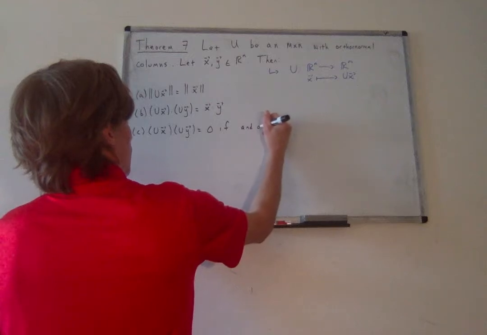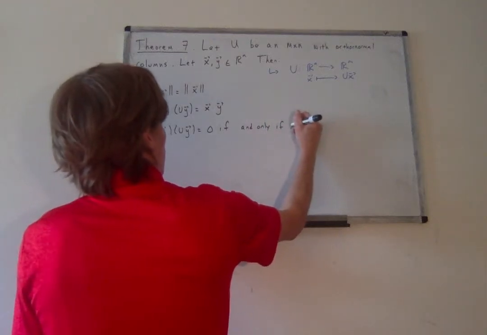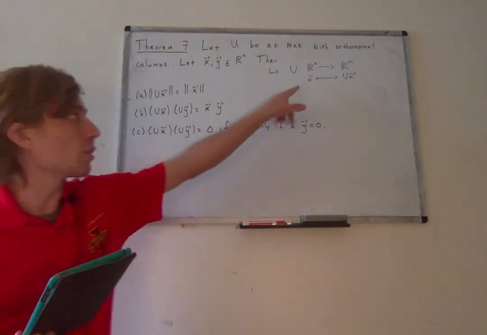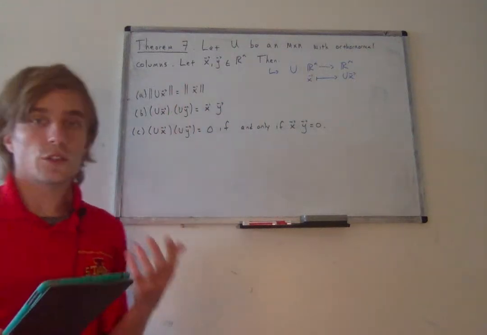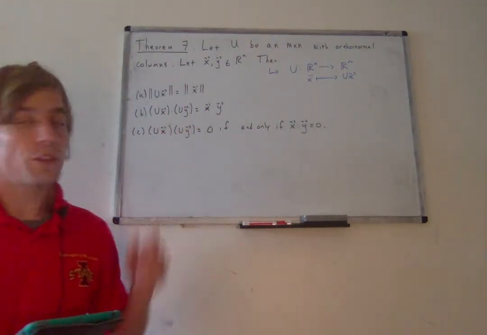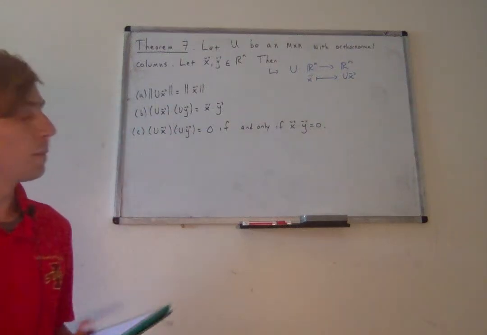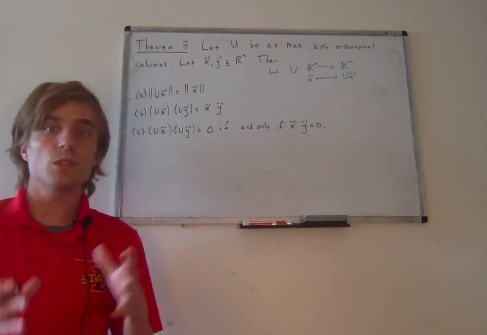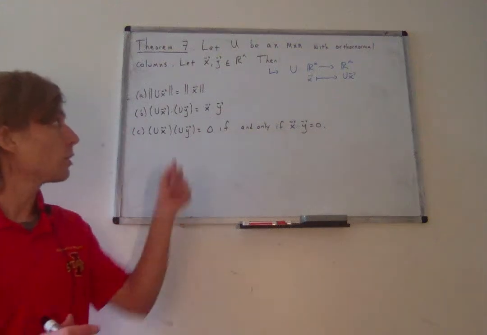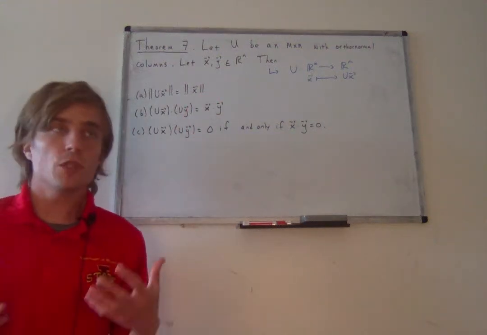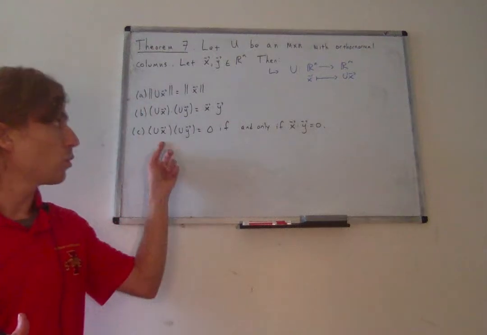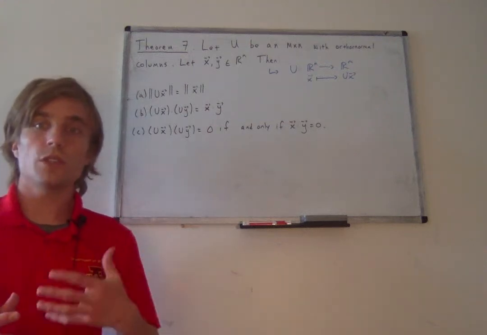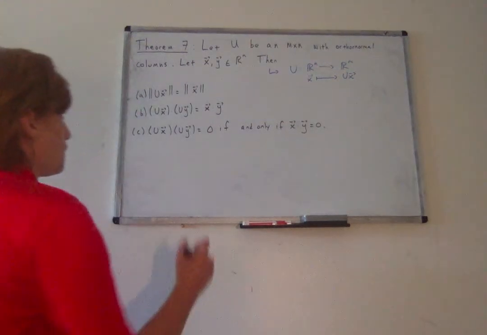That is, if two vectors x and y were orthogonal in Rn, then their images under this linear transformation defined by U are also orthogonal in Rm, which is also a very nice property that we want out of a linear transformation, right? We like these transformations which can preserve as many properties as possible. And so what we can see here is that a lot of properties we care about when studying vectors, orthogonality for one, length, are preserved when we use a linear transformation with orthonormal columns.